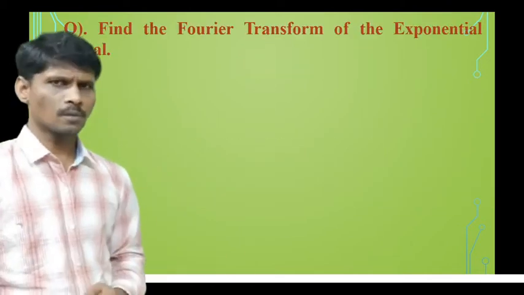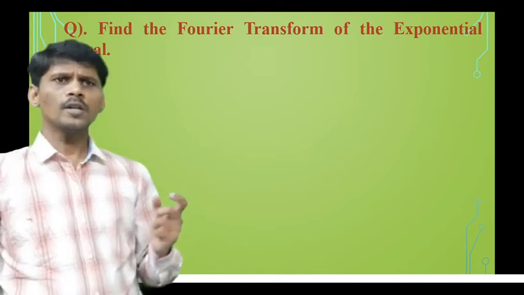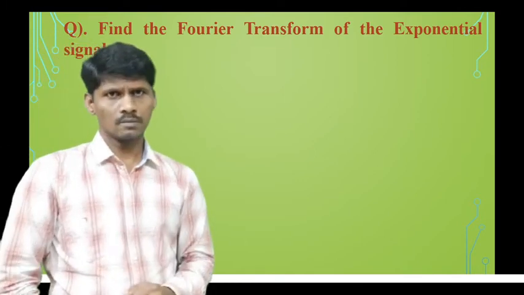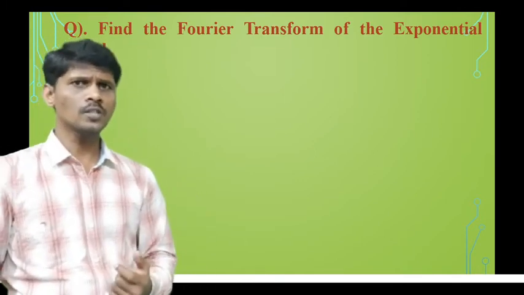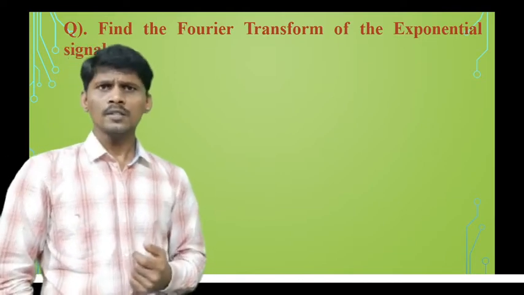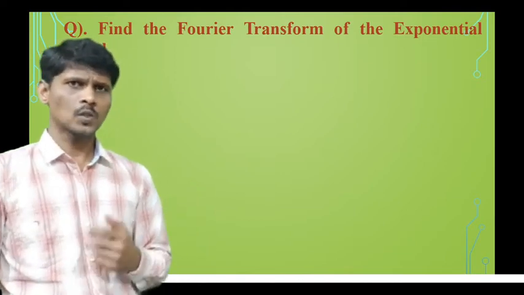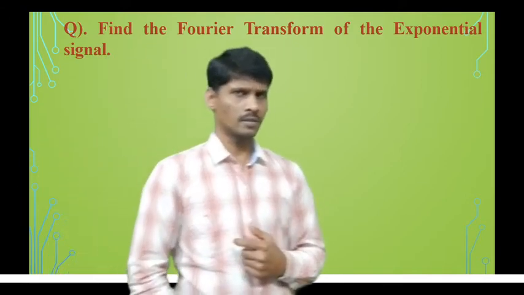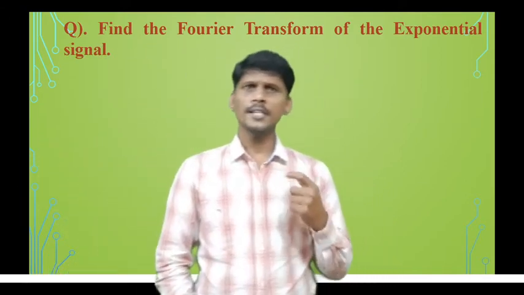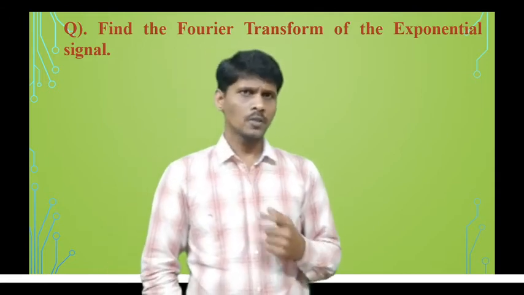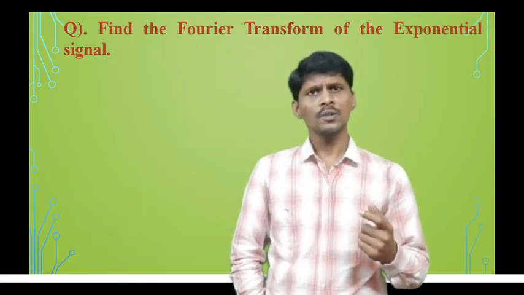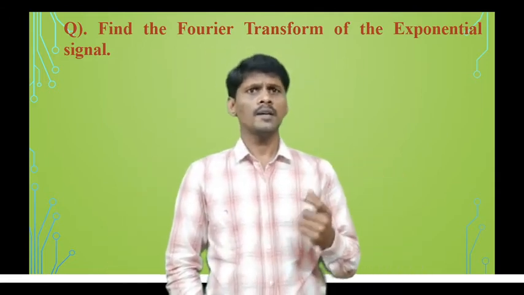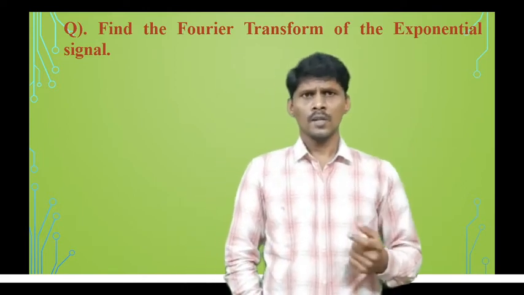Next, coming to the example: determine the Fourier transform of the exponential signal. So what is the given signal? Exponential signal, that is e power j omega naught t. So calculate the Fourier transform of e power j omega naught t. This example was already discussed in previous classes, and in that case we determined it by another procedure.